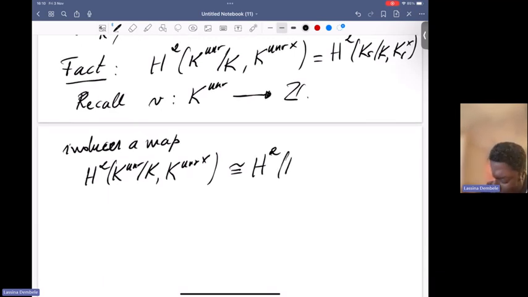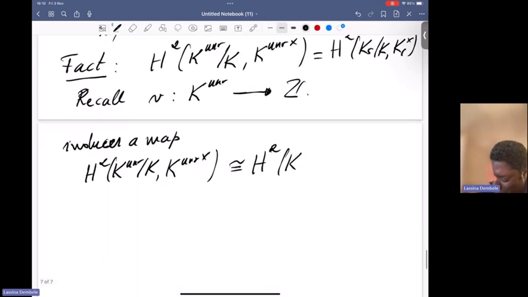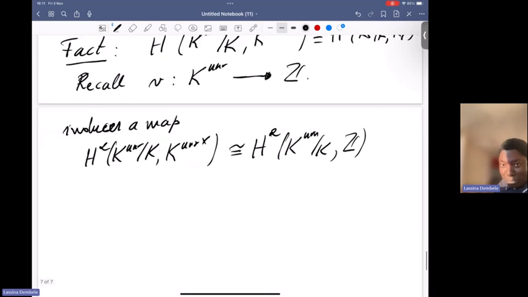So this would be K unramified. Okay. So by evaluating, you get that if you take the K unramified over K with values in Z, you get an isomorphism.